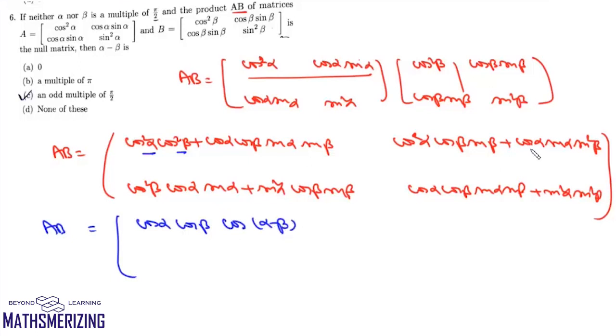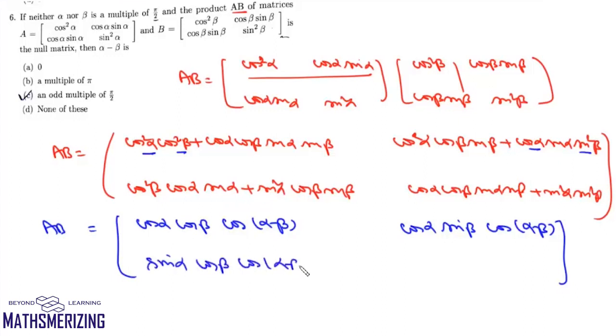Now here we can take cos alpha sin beta common. Again it will be cos alpha cos beta plus sin alpha sin beta, so again cos alpha minus beta. Now here we can take sin alpha cos beta common, it will be cos alpha minus beta, and here we can take sin alpha sin beta common, and it will be cos alpha minus beta.